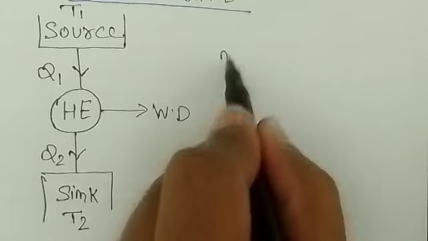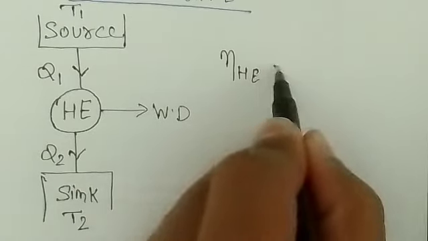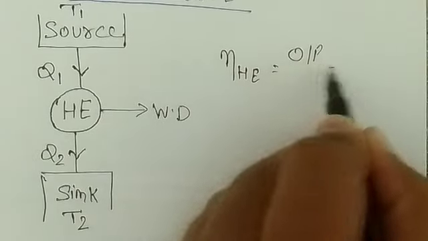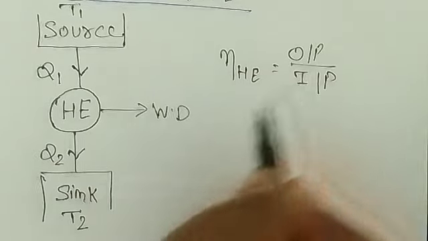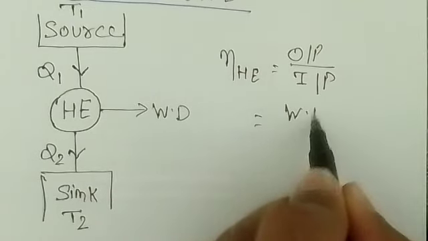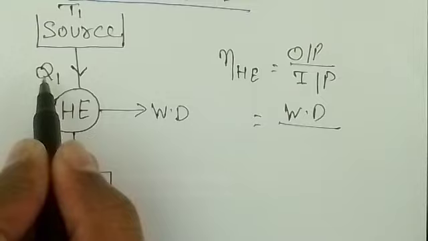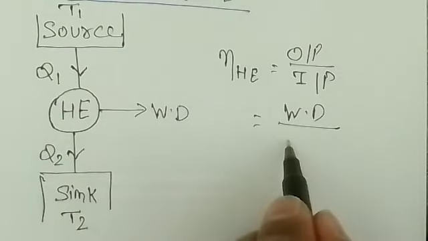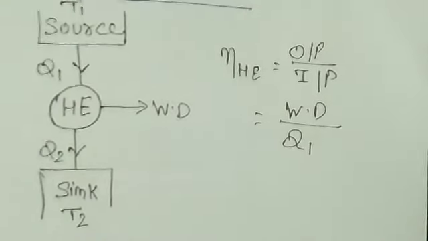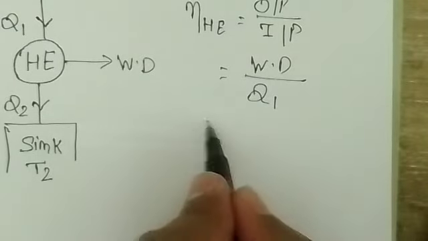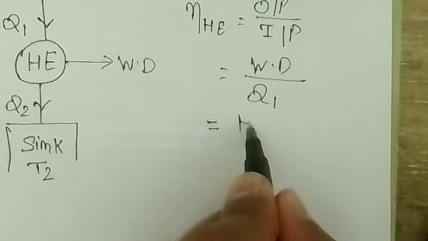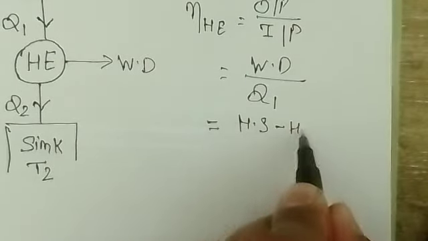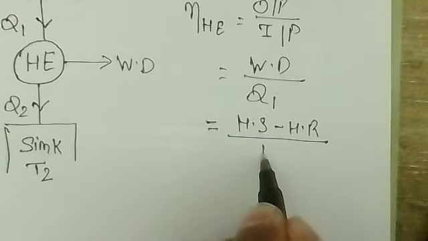Now we can see the efficiency of a heat engine, eta of heat engine, is equal to output by input, right? Output is nothing but the work done, and input is the heat we supply, that is Q1, to the engine. So work done is nothing but the heat supplied minus the heat rejected, divided by heat supplied.